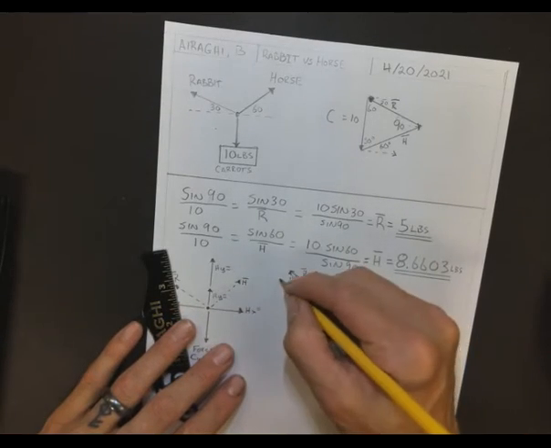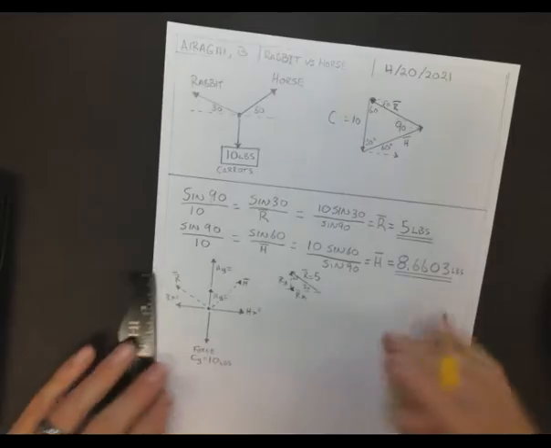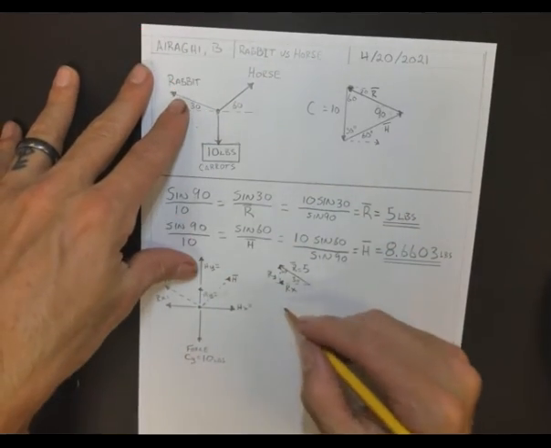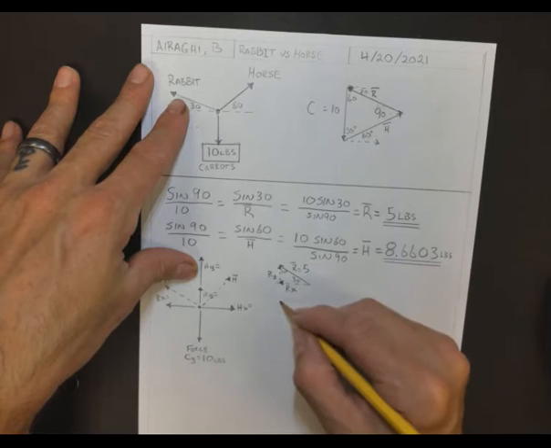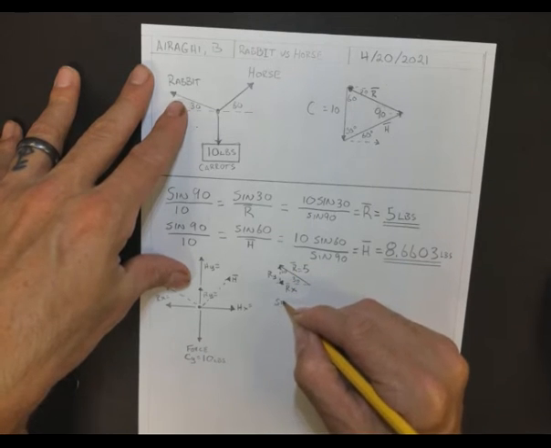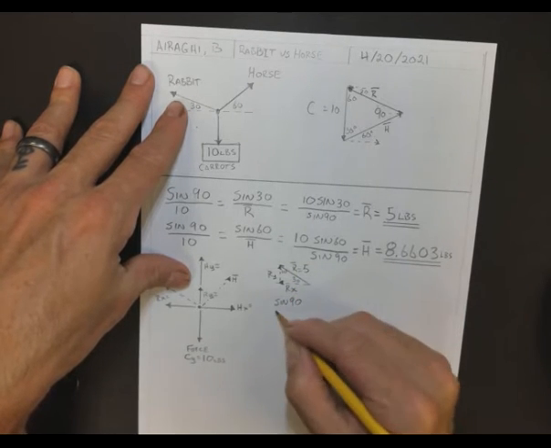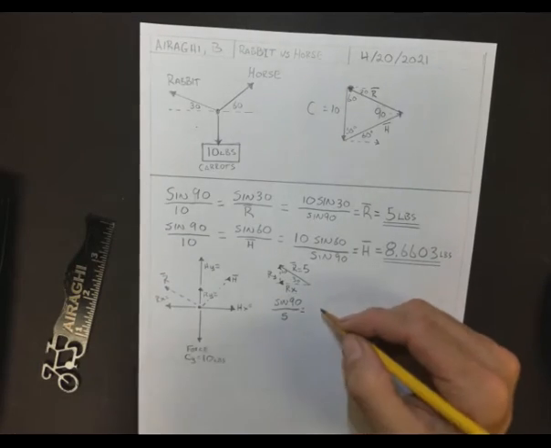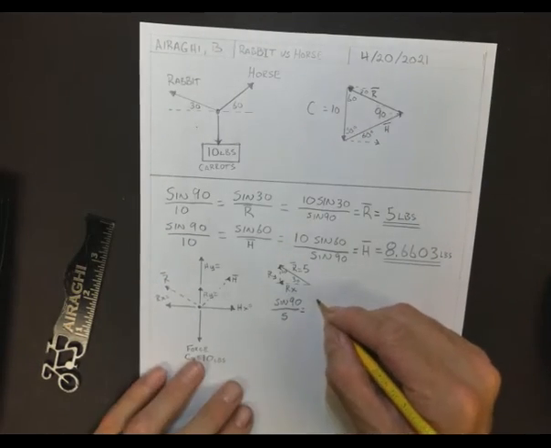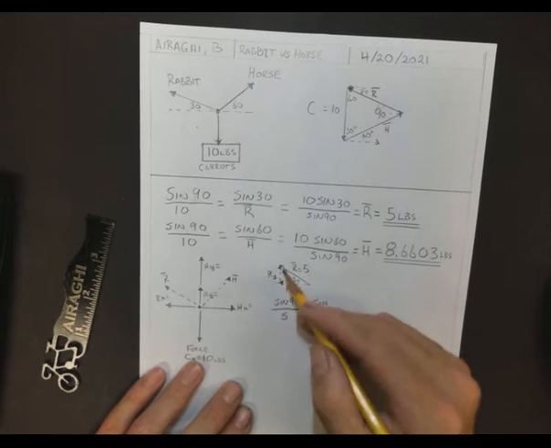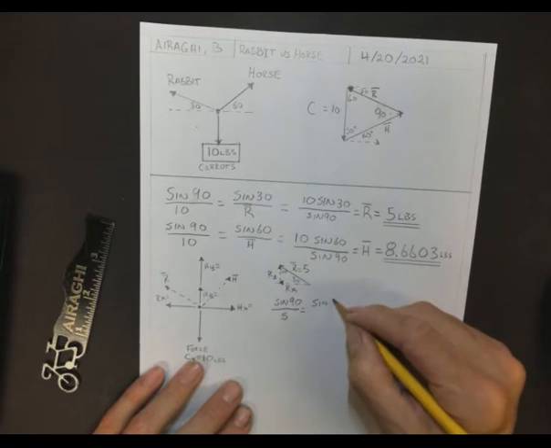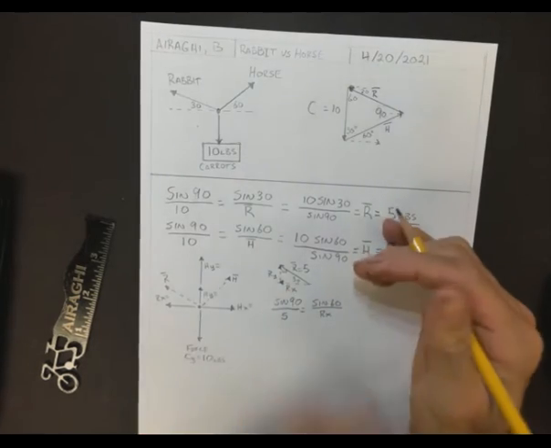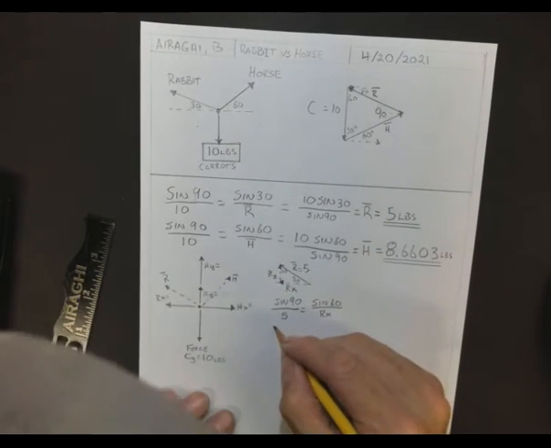So I have now, 5, sine 90 over 5 equals sine 60 over Rx. And I'm going to do these also.